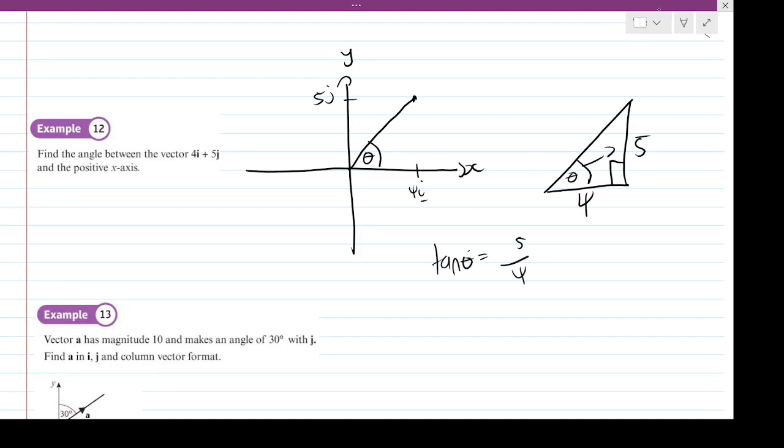Therefore theta is going to be inverse tan of that, which is 51.3 degrees to 1 decimal place. So that's the angle above the positive x-axis.